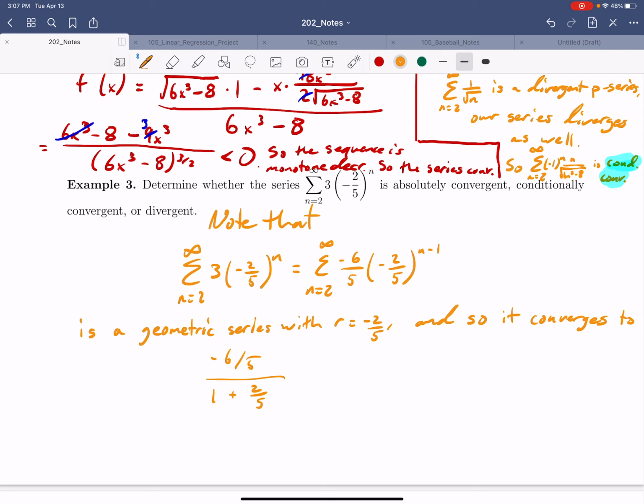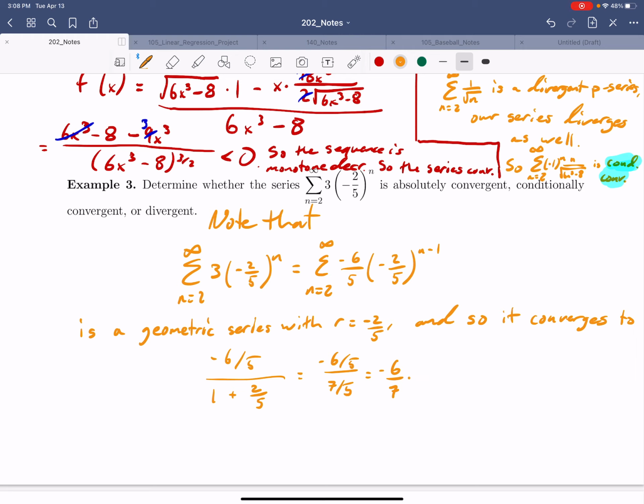You see how I did plus 2/5 minus negative 2/5? And that, of course, equals negative 6/5 over 7/5, which equals negative 6/7. So a little weird, but it actually converges to a negative number. That's fine.